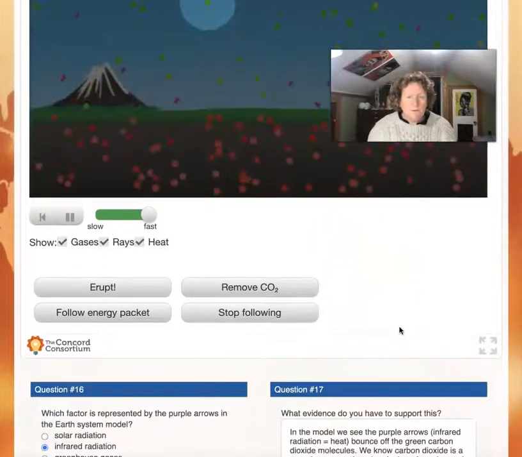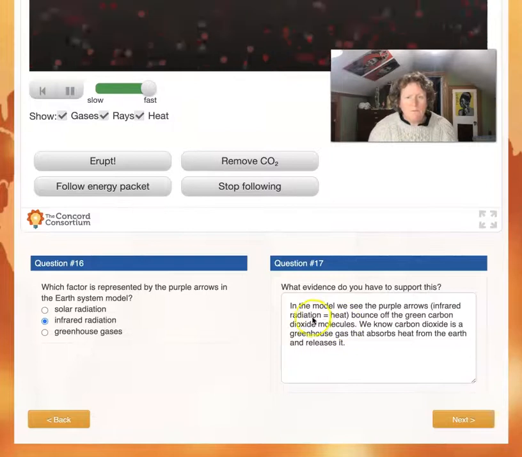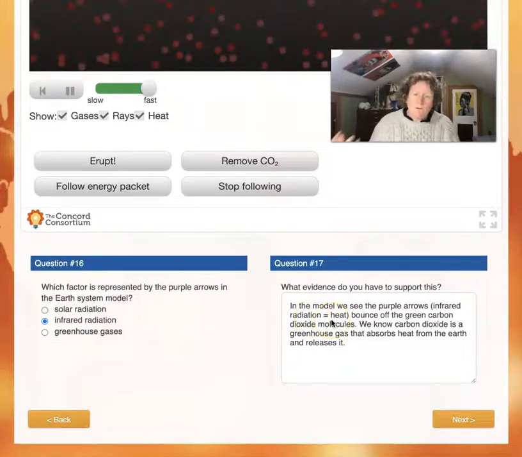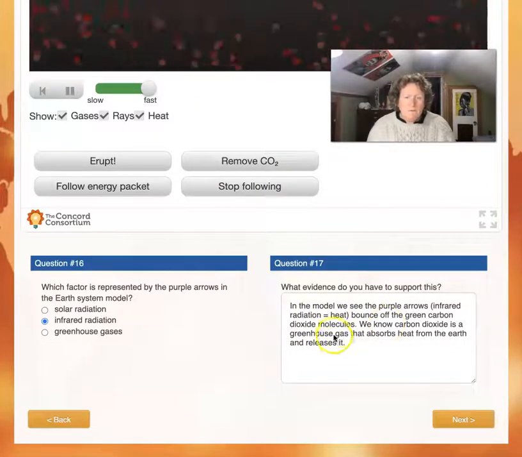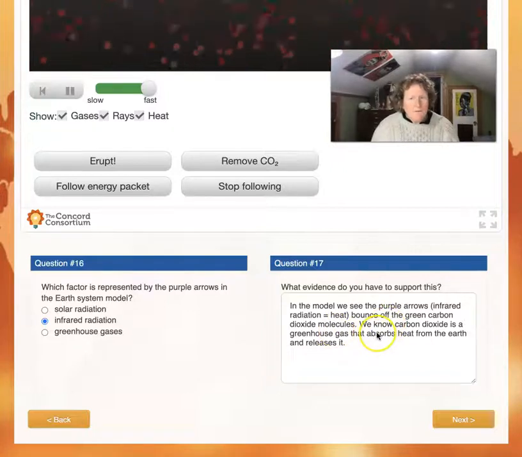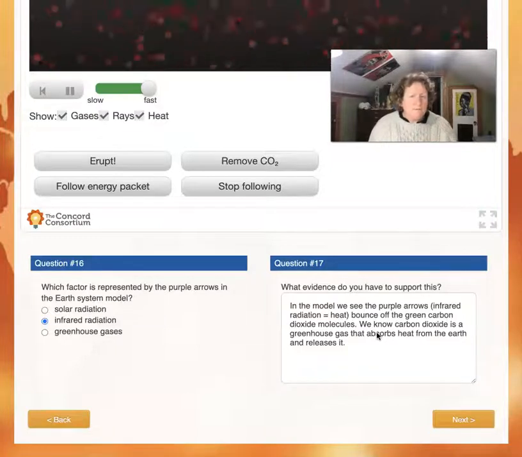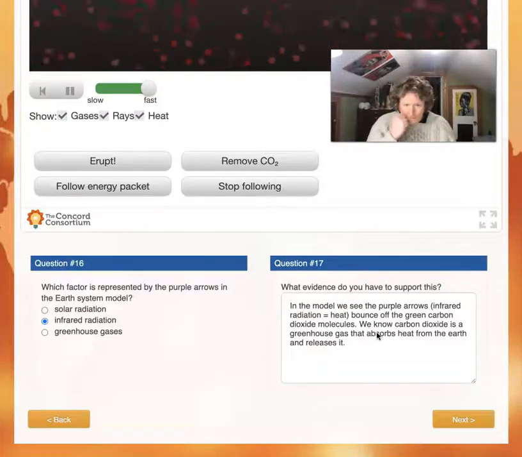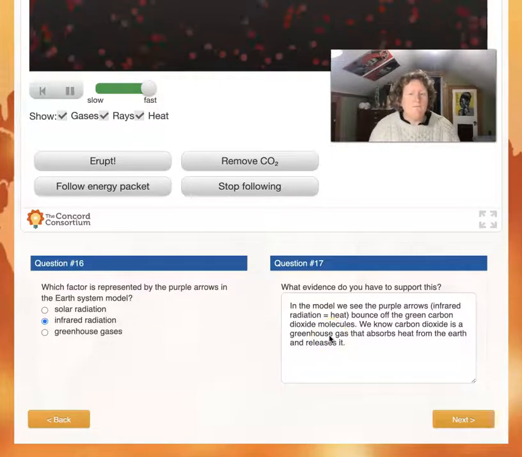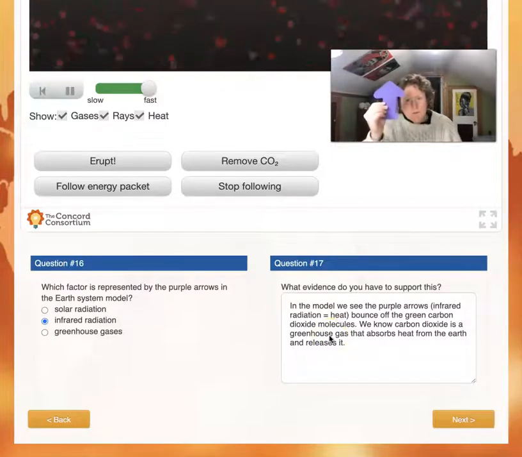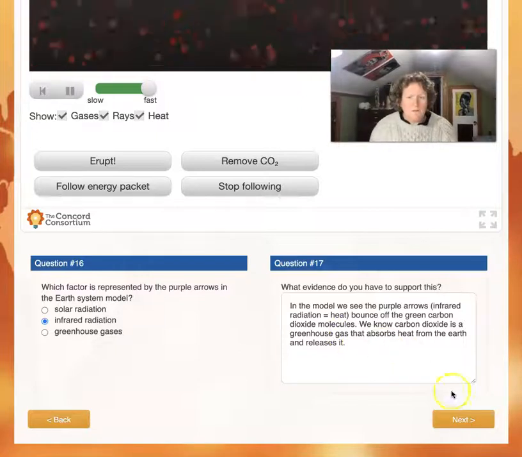So that's really good evidence that the purple arrows, the infrared radiation or heat, bounce off the green carbon dioxide molecules. We know carbon dioxide is a greenhouse gas that absorbs heat from Earth and releases that. So we have very good evidence to support that those purple arrows are infrared radiation or heat.